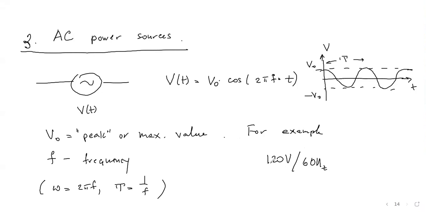It's a standard US power outlet, which provides you roughly 120 volt and 60 Hertz. But then the question could be, this 120 volt, is it a peak value or is it some kind of average value? What would be your guess?